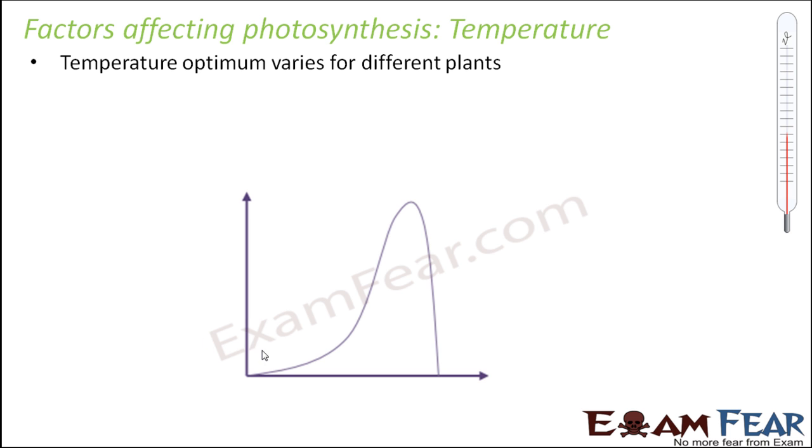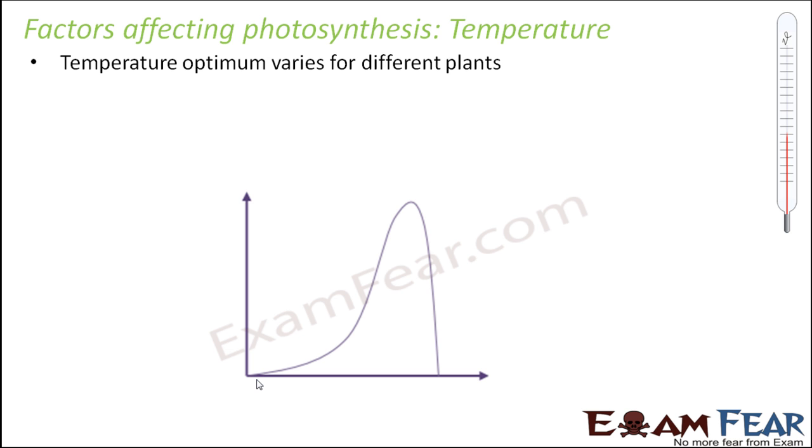Initially, when the light intensity is very low, the rate of photosynthesis increases with the increase in light intensity, as we saw in the previous slide. That is true only when the temperature is moderate, neither very high nor very low. So during low intensity, if the temperature is moderate, there will be no change in the rate of photosynthesis because of temperature.